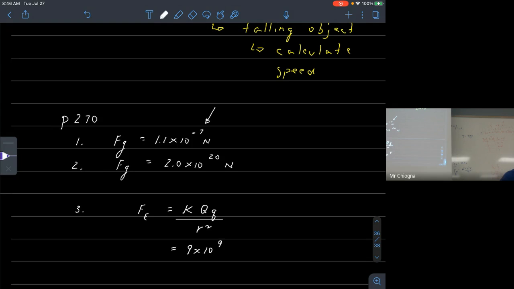It says there's a little u in front, so that indicates it's microcoulombs, which is 10 to the minus 6.